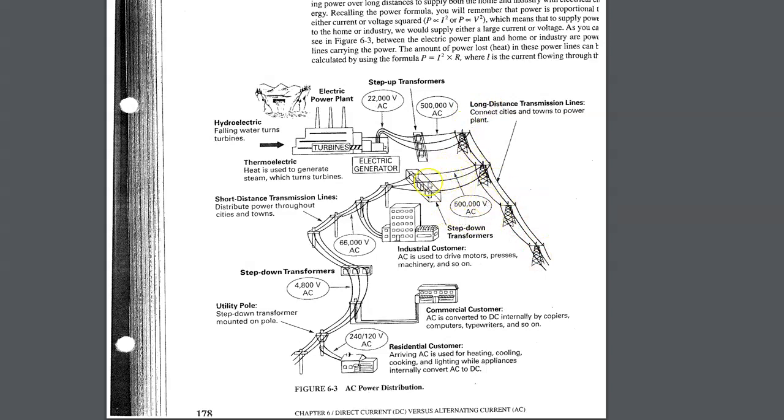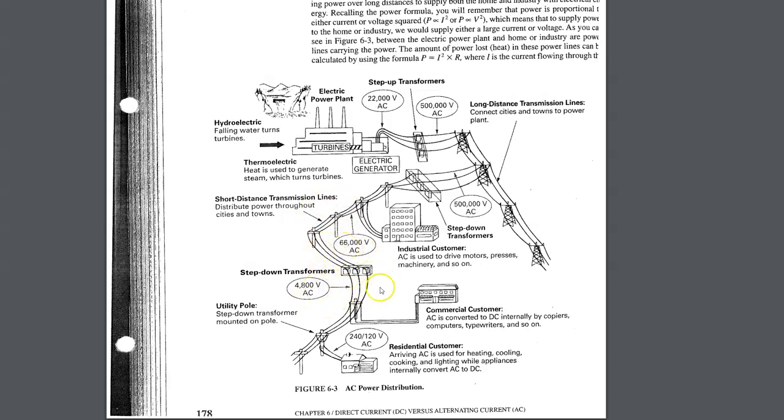And then when we get close to the city, we start to step the voltage down. So we step it down, we step it down. Here we step it down to 66,000 volts. These are short distance transmission lines. These are not the telephone poles that you see on the street. That's a different type of structure. 66,000 volts, and then we step down from 66,000 to 4,800 volts through these step-down transformers.